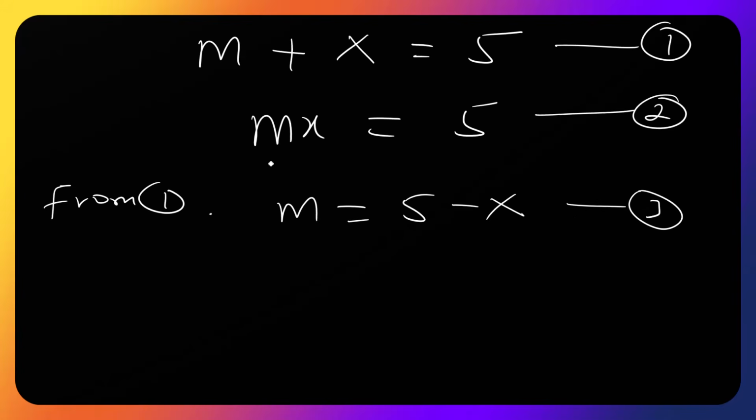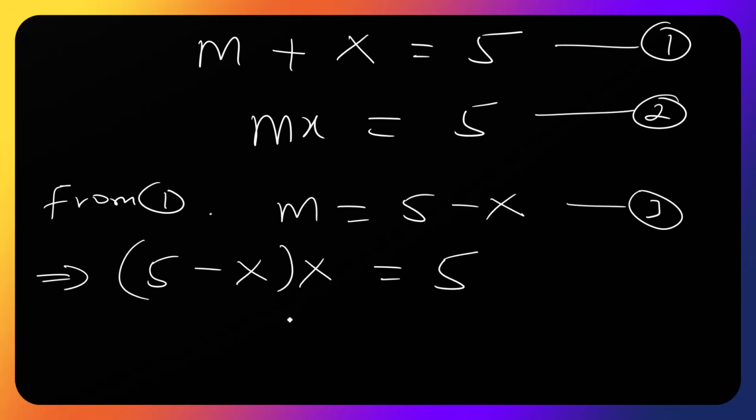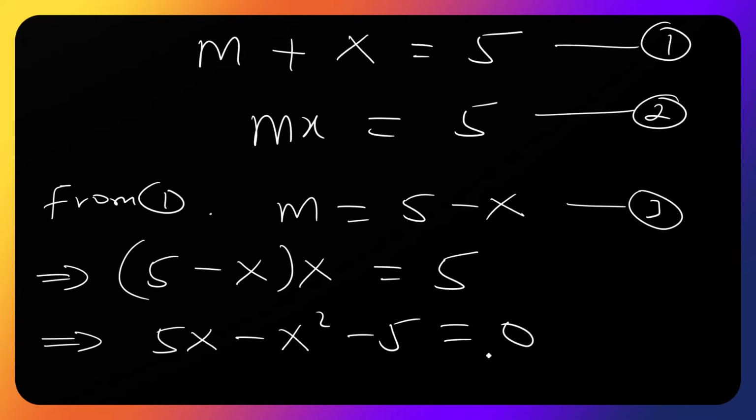So let's put 3 in 2. There's m, that will be 5 minus x times x equals 5. So let's expand the left hand side. That will be 5x minus x squared minus 5 equals 0.